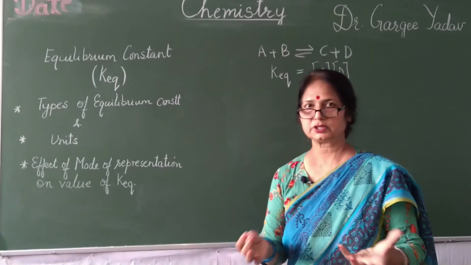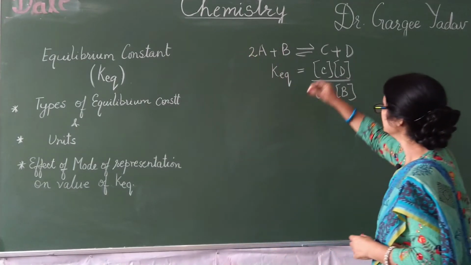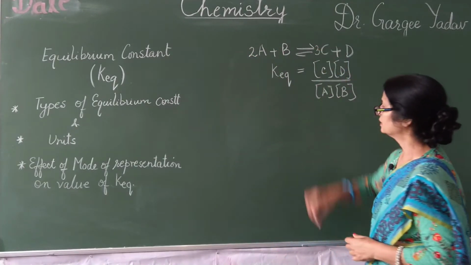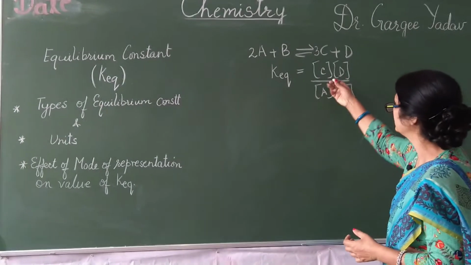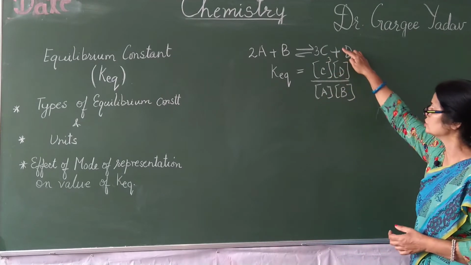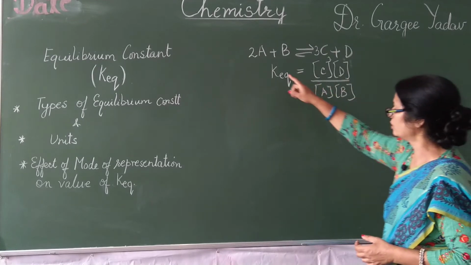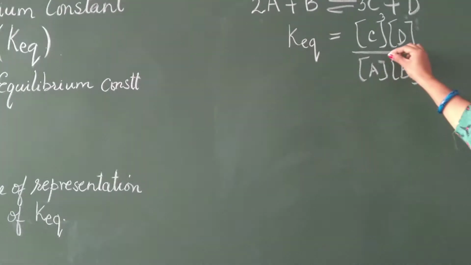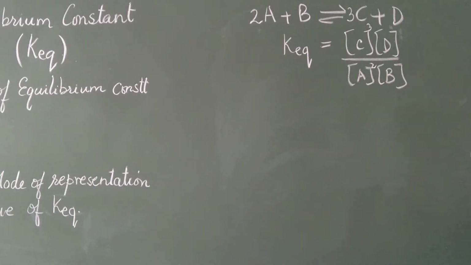But if the stoichiometry is different, suppose it is 2A plus B forming 3C plus D, then how will the equilibrium constant change? The power for C will now be 3, and since the stoichiometry of D is 1, I am not writing it as 1. Here the stoichiometry of A is 2, so I will write it raised to the power 2.